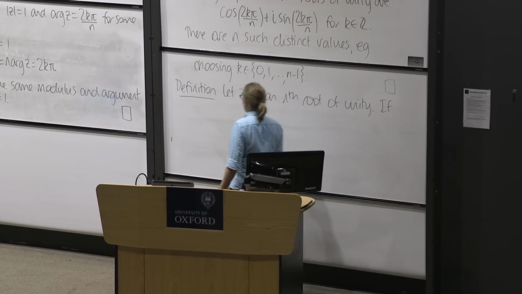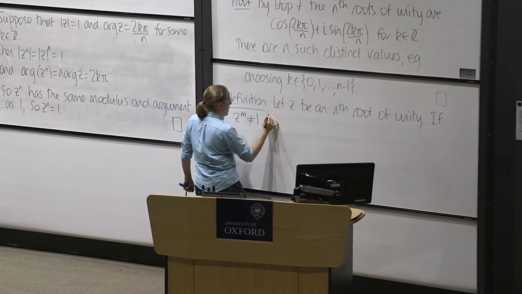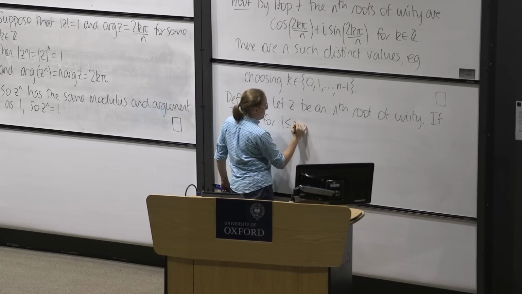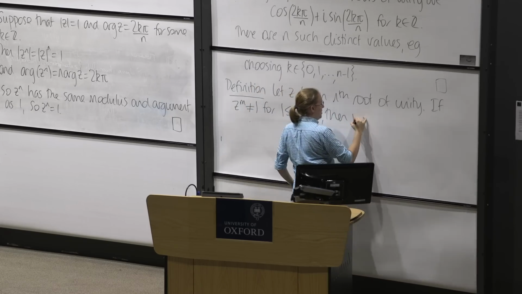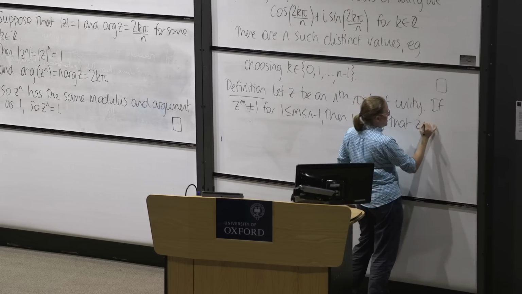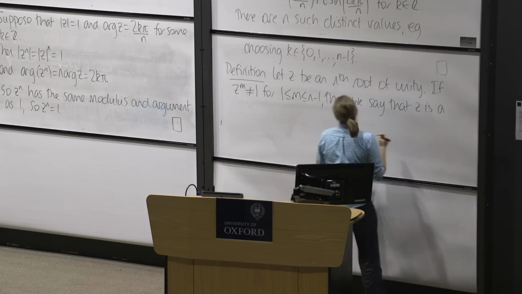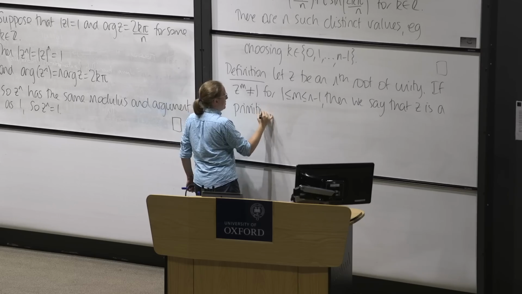If z to the m is not equal to 1 for 1 less than or equal to m less than or equal to n minus 1, then we say that z is a primitive nth root of unity.